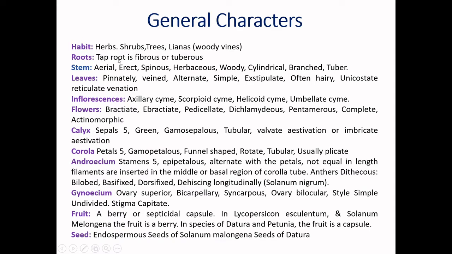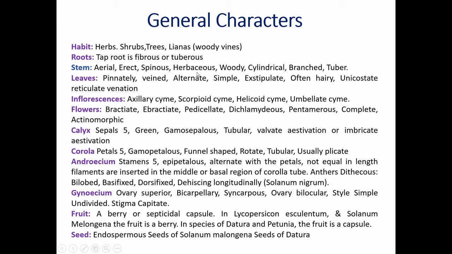Roots, taproot with fibrous and tuberous. Tuber formations are there. For example, potato tuber. It is the modification of stem for storage of food material. Stem. Stems are aerial, that means above ground, erect, spinous, sometimes spines are present.